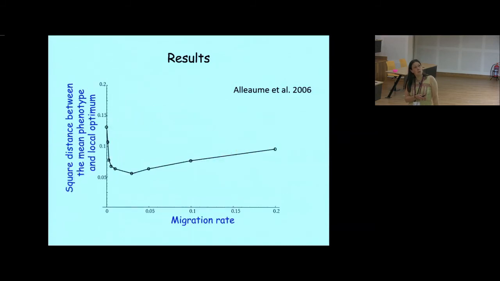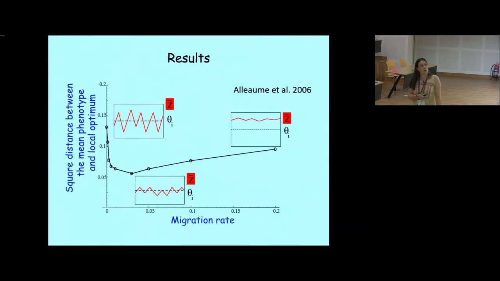Anyway, what we saw, and I'm going to go through this quickly, is that if you look at adaptation measured by the squared distance between mean phenotype and local optimum, when you've got a lot of migration, your mean phenotype is displaced from your optimum because you receive a lot of migrants from the central population.